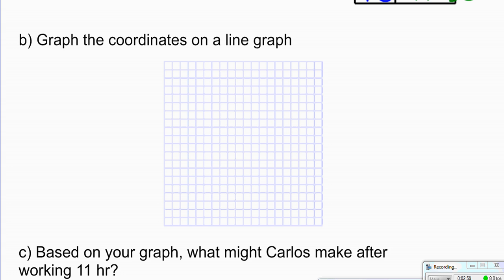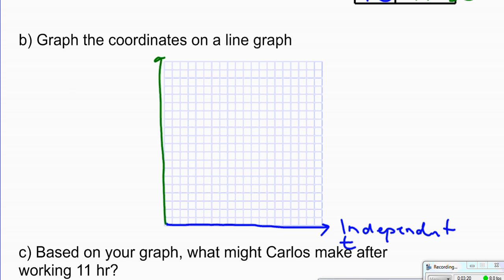So the horizontal axis, what we usually say is our x-axis, is always our independent variable. And so in this case, our independent variable is time in hours. And so then our vertical axis is the dependent variable, and that is earnings.